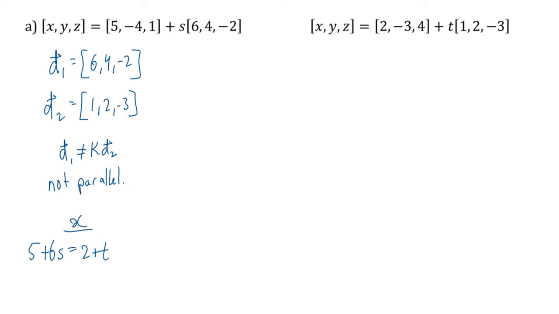So I'm setting the x parametric equation in each of the lines to each other, and then I'm going to set the y parametric equations to each other. So this is -4 plus 4s equals -3 plus 2t, and the z. And this is 1 minus 2s equals 4 minus 3t. Okay?